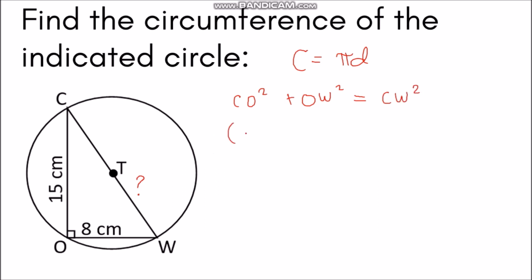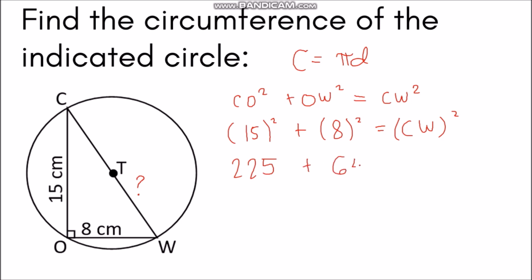Now, let's substitute the values. You have 15 squared plus 8 squared equals CW squared. 15 squared is 225, plus 64, equals CW squared. If we add 225 and 64, it's 289.